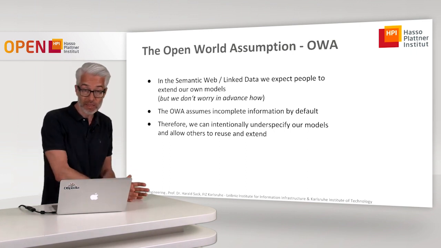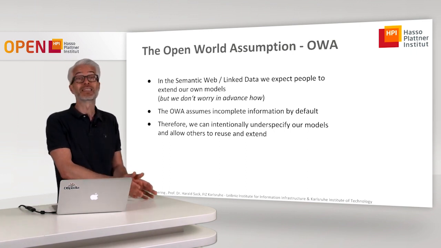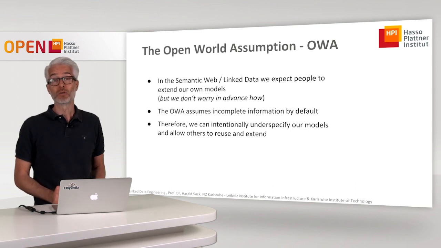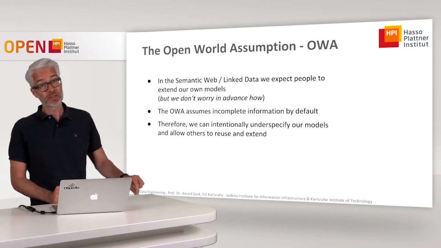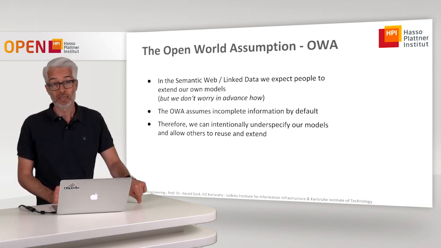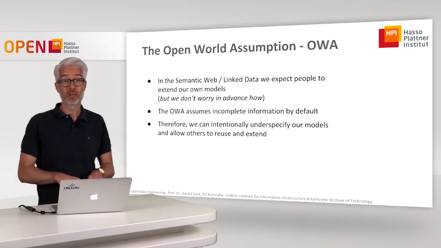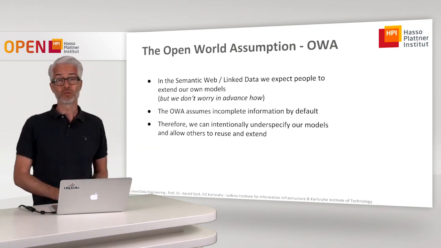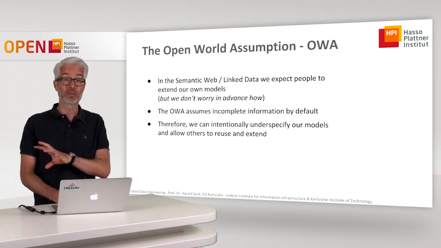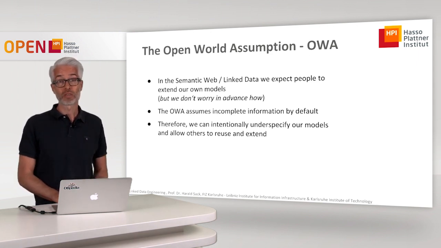So a vocabulary, for example, if you find it, you extend it according to your own needs. So it means the person who is defining first the vocabulary does not have to worry in advance about every possible extension to cover everything with his or her vocabulary. This is the nice thing about semantic web and about the open world assumption.